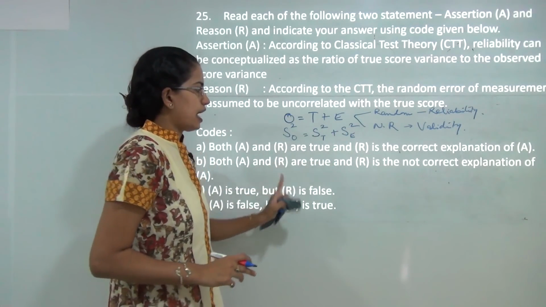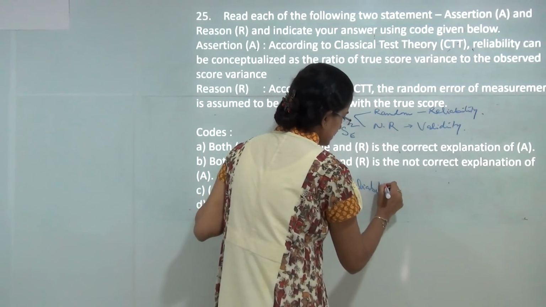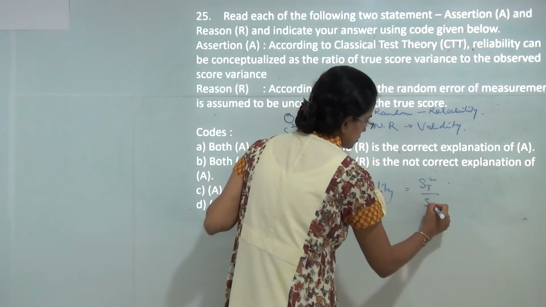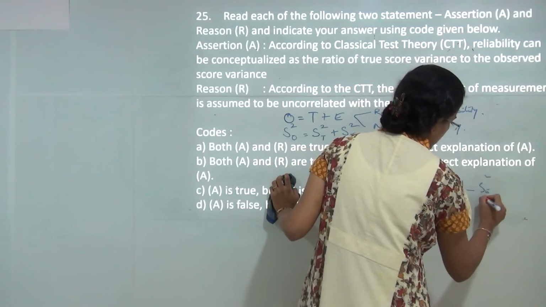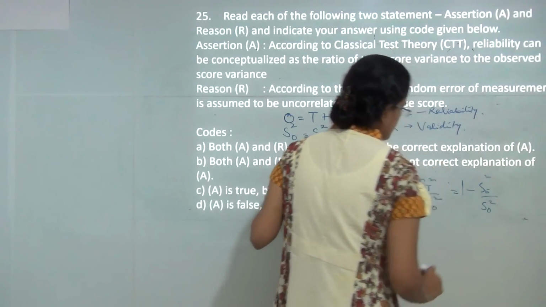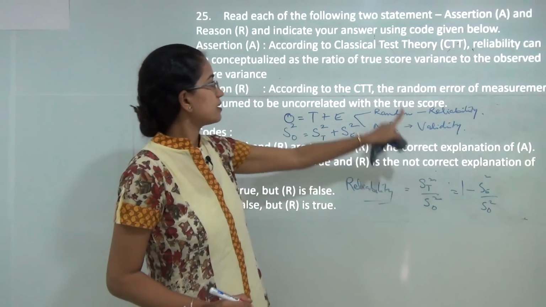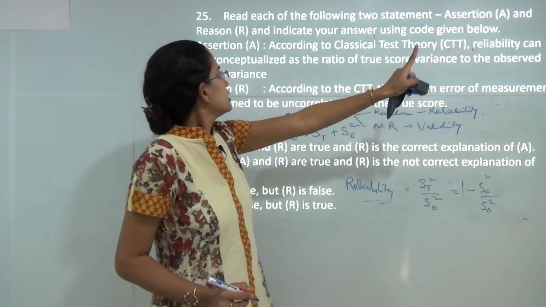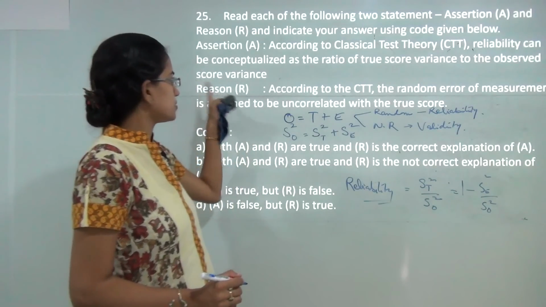Since I know this, I can calculate reliability: reliability is true variance divided by observed variance, or 1 minus error variance divided by observed variance. So with this, I have the formula for reliability, and the assertion says this: in the classical test theory, reliability can be conceptualized as the ratio of true score variance to the observed score variance.